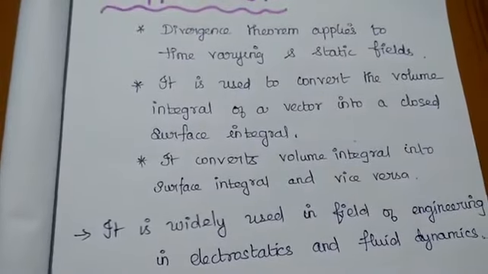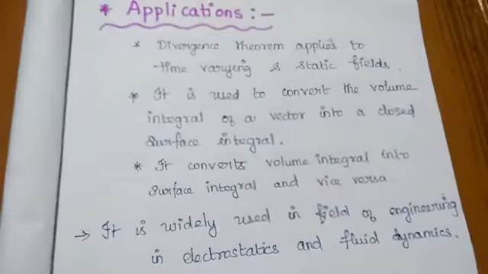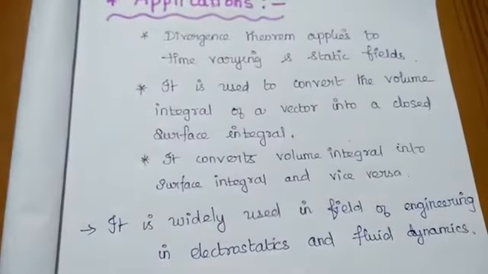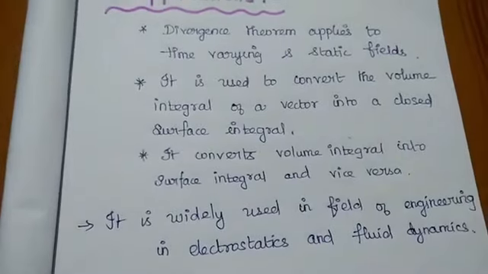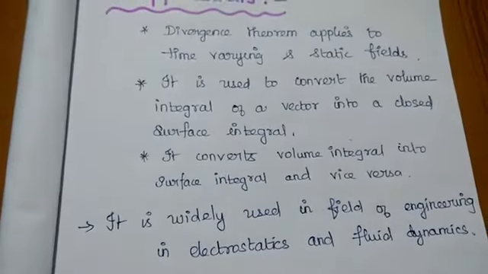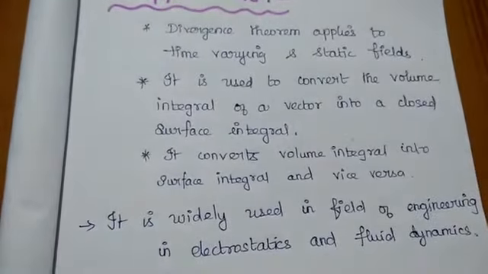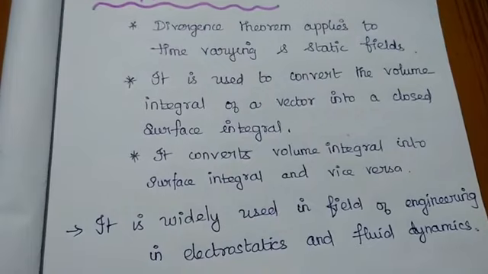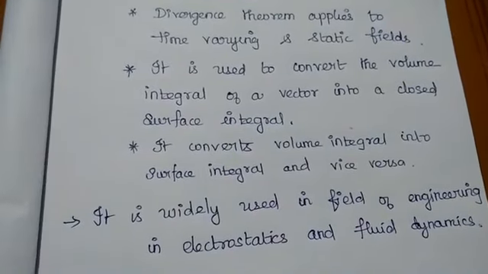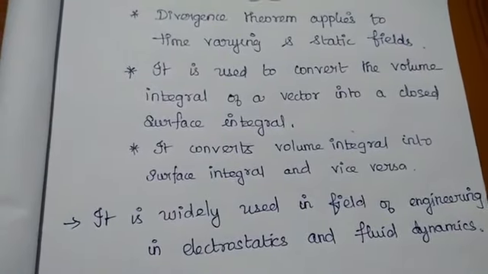This concept is widely used in the field of engineering, in electrostatics and fluid dynamics. Especially to derive any mathematical relationship, we can use the divergence theorem. We widely use this concept to obtain Maxwell's equations in the electromagnetic field.